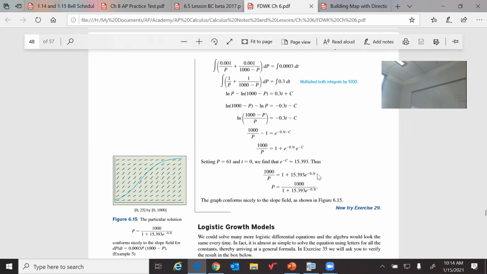So I would say this. It's because you have this. It's 1 over u, and u equals 1,000 take away P. So du dP equals what? Negative 1. Yes? That's where it's negative.